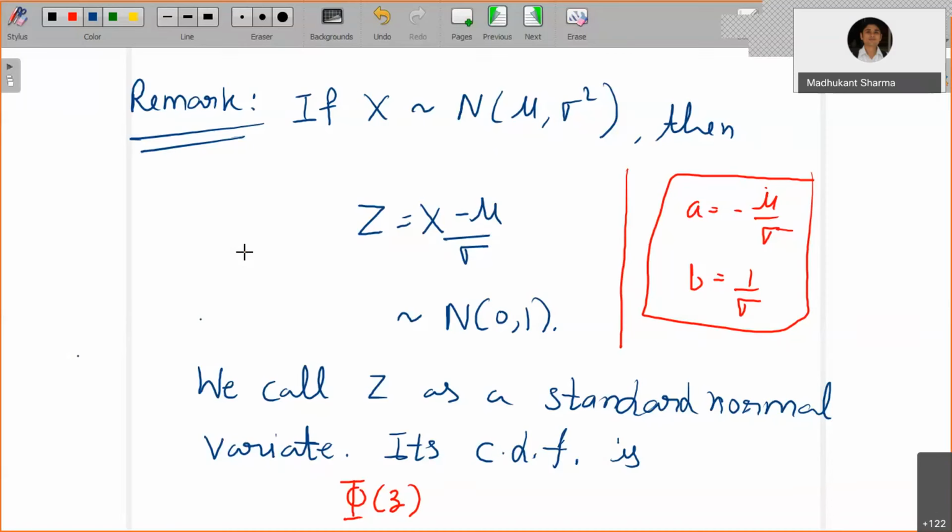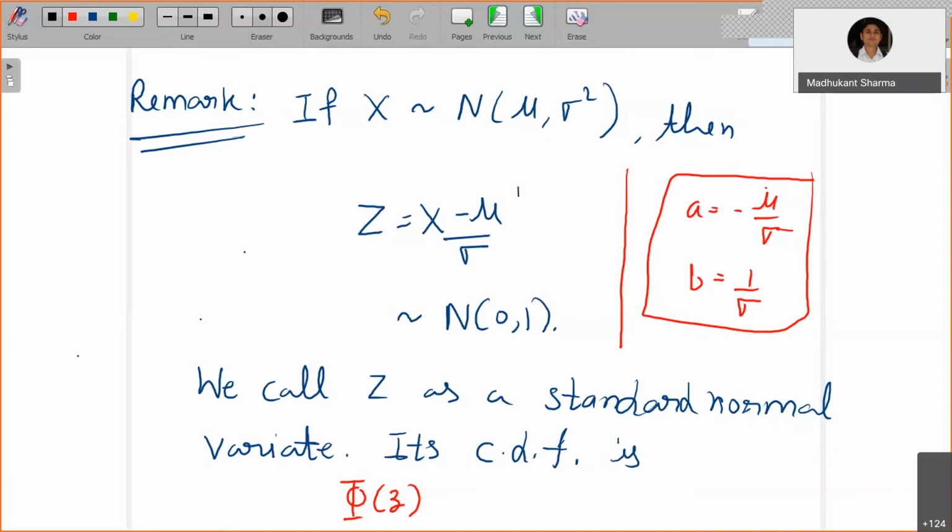So with that, we can conclude the following remark: if X follows a normal distribution with mean mu and variance sigma square, then consider the transformation Z equals (X minus mu) by sigma.